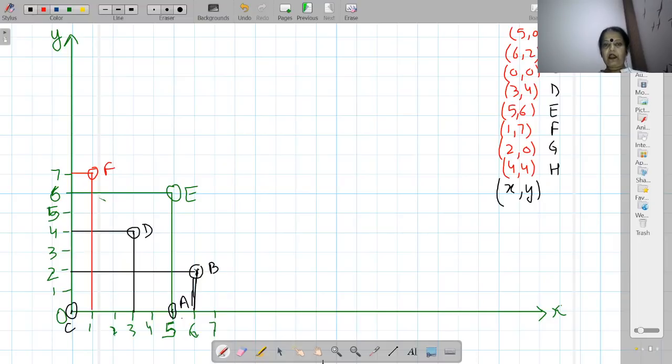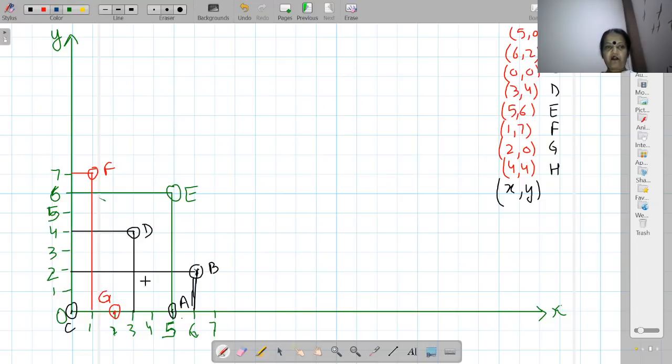Very good. Next is 2 0. Tell me, 2 and 0, where will it lie? It will lie on the x-axis. So this is 2 and 0, and name it as G. Next one is your 4 and 4.